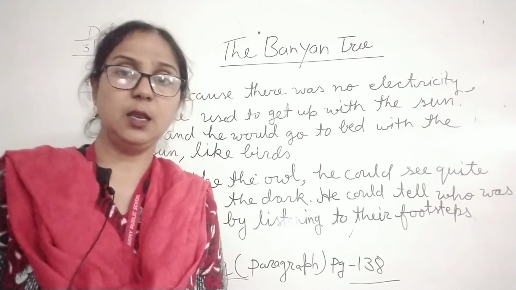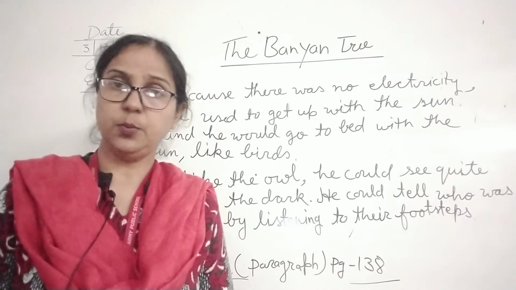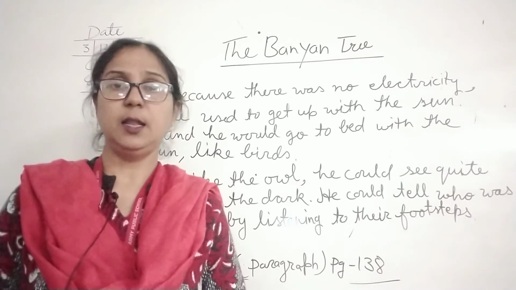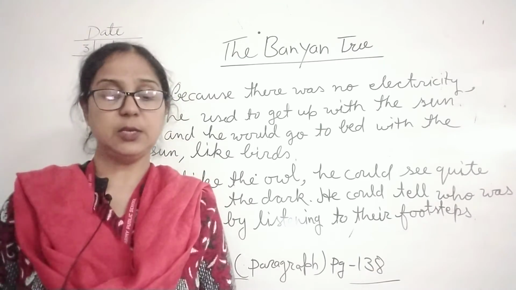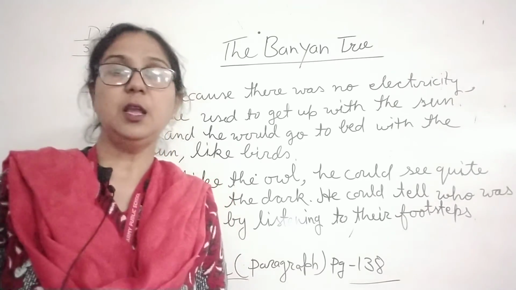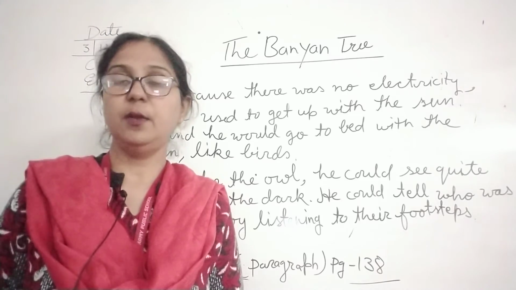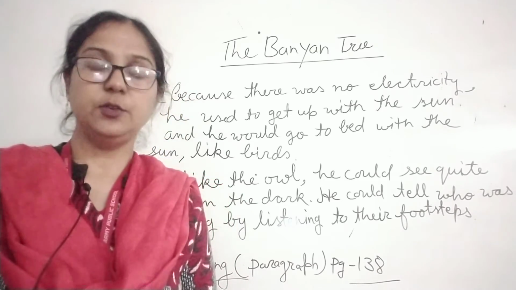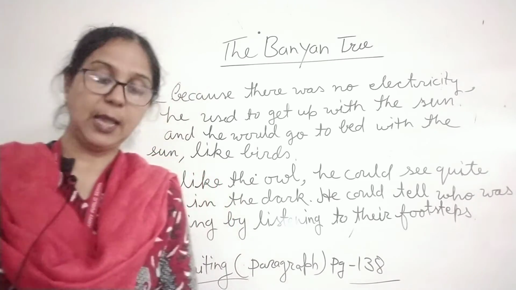Our society is now spoiling. So these are the things that we should always remember in our mind, because without love and harmony we cannot survive on this earth. So children, this is about that.